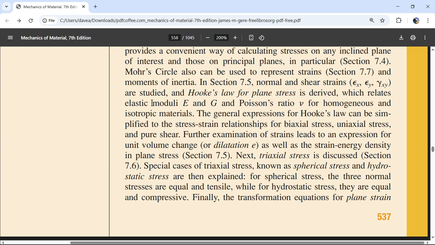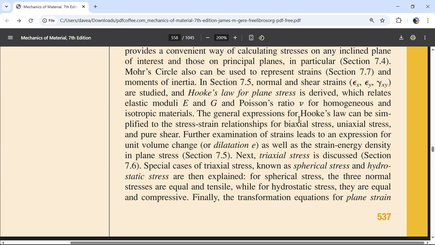And so Hooke's law for plane stress relates those three things for homogeneous and isotropic materials. So this is the same material, molten steel all the way through. Isotropic, no tapers. We just have a solid bar of normal shape.